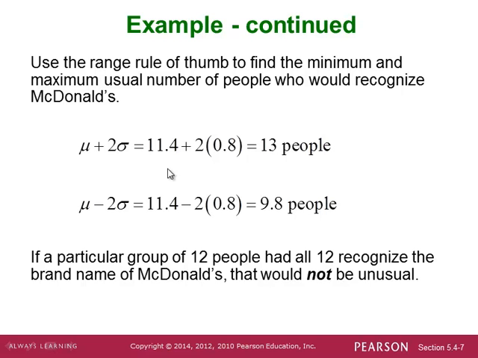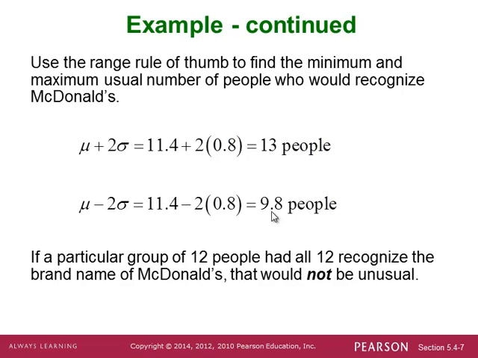Because if you were to take mu plus 2 sigma, that's 11.4 plus 2 times 0.8. 2 times 0.8 is 1.6. 11.4 plus 1.6 is 13. Also, mu minus 2 sigma, that's 11.4 minus 2 times 0.8. That's 11.4 minus 1.6. That's 9.8.